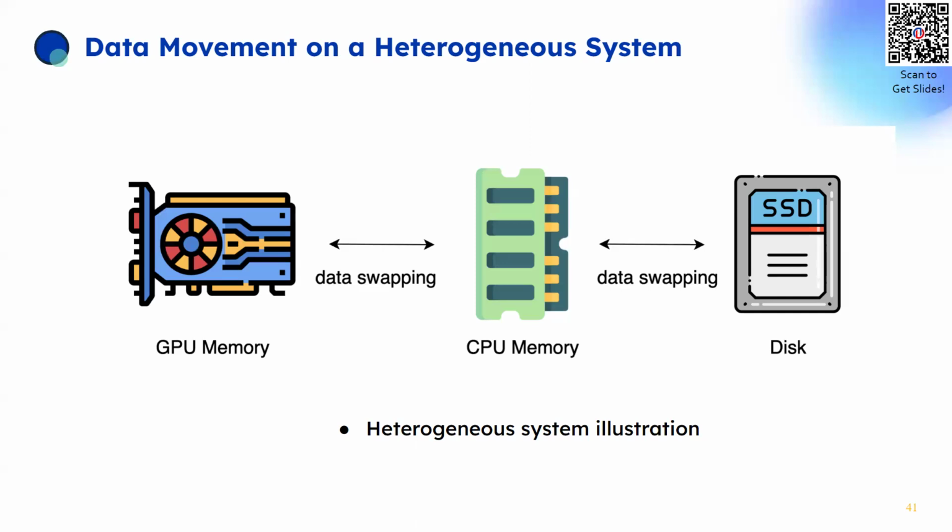Let me give an example. You do a computation here, just like you have a meeting in Singapore. You move the data to CPU, you have a meeting in Malaysia. You do a data movement to the NVMe disk, just like you have a meeting in New York.